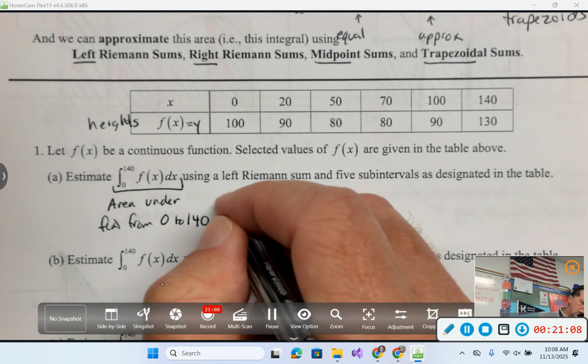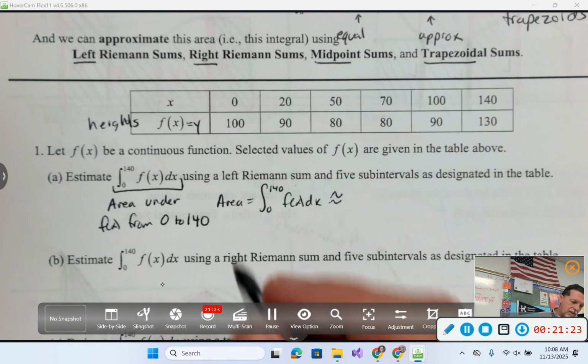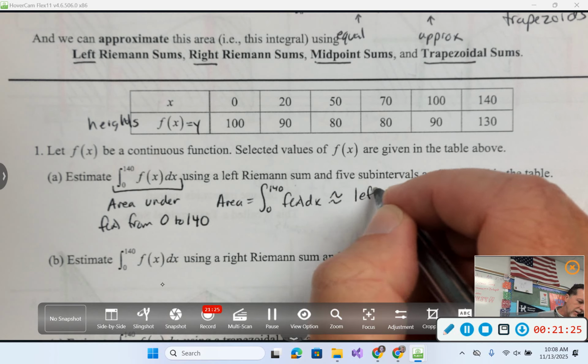So area is equal to that integral. And I don't know enough to find the exact area, so we are going to approximate it with left rectangles.